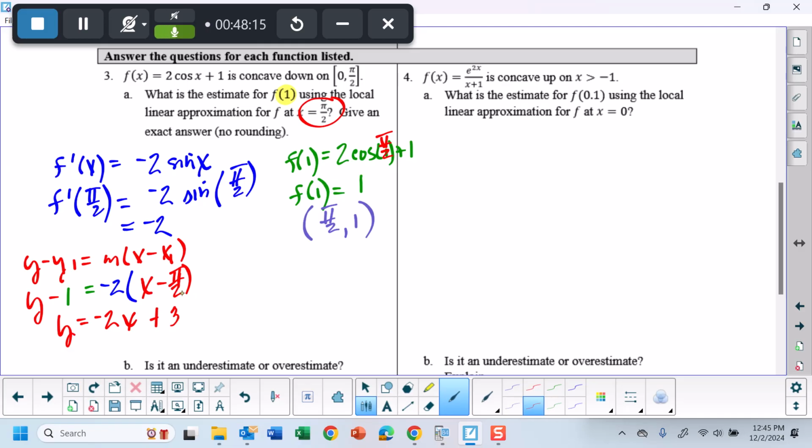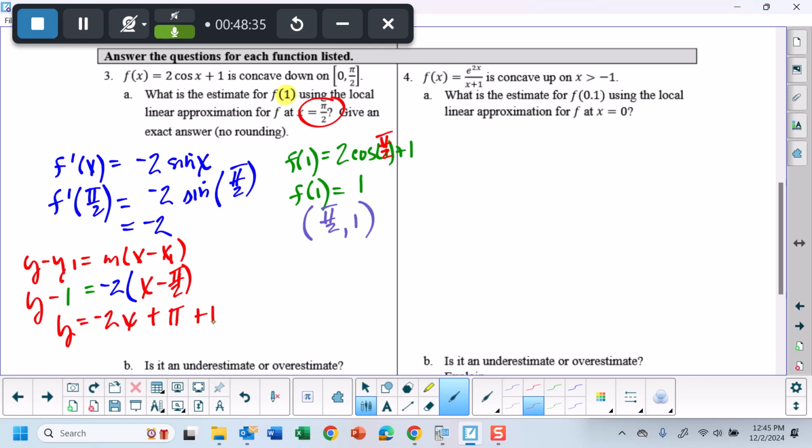An input of pi over 2 gives me an output of 1. So that's 2x. And here's plus pi, and then plus 1.